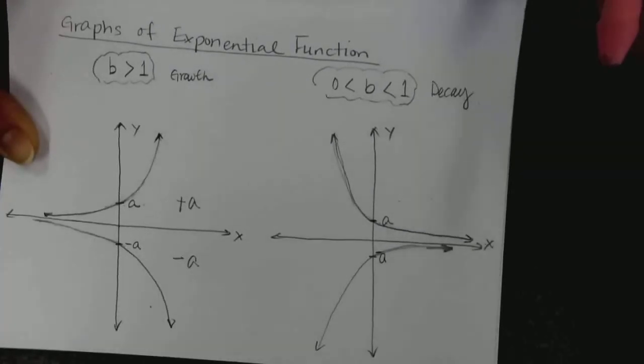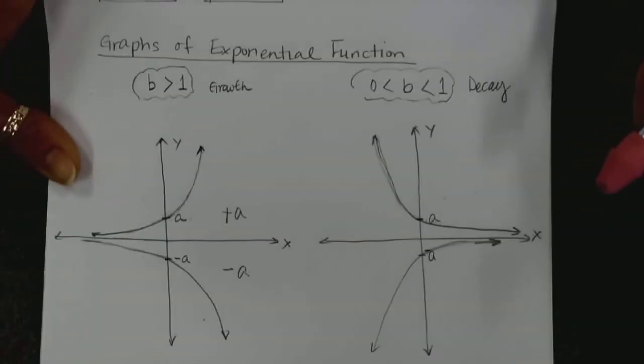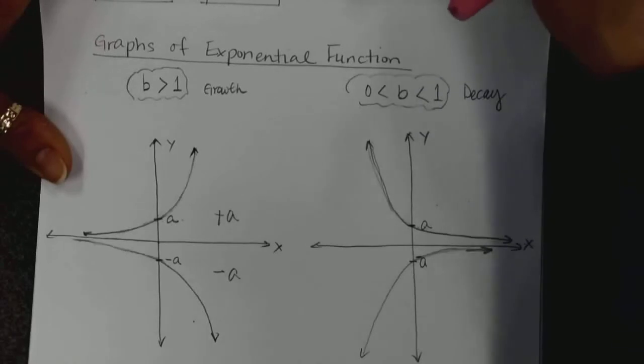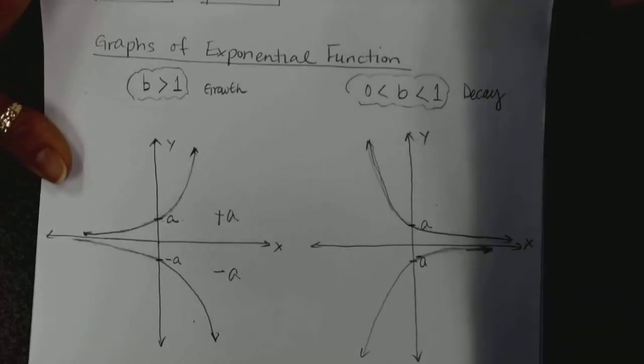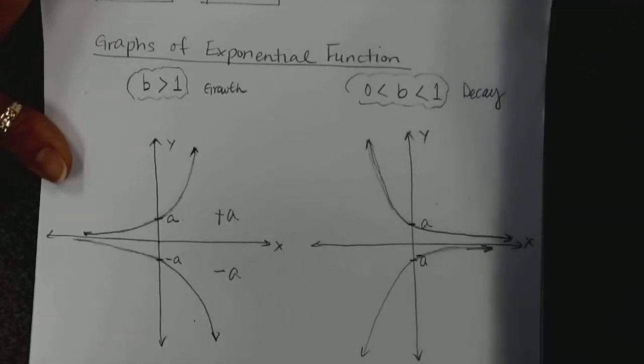So now let's talk about some of the examples that we're going to be doing in this part of the lesson. We're going to start by simple evaluating. We're going to start with example number 1.